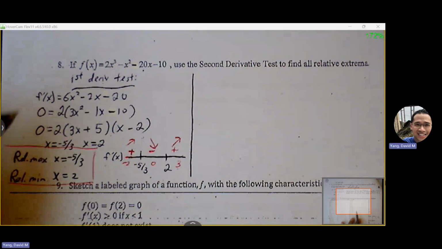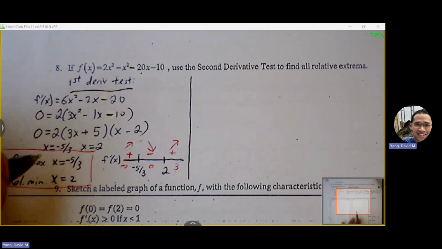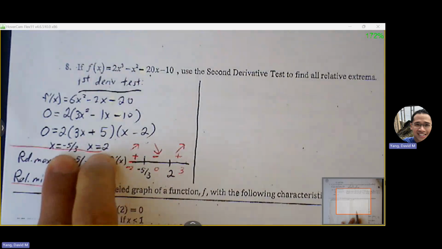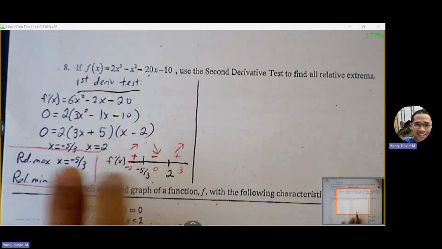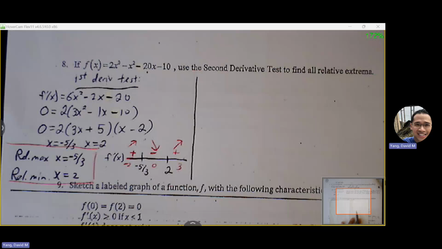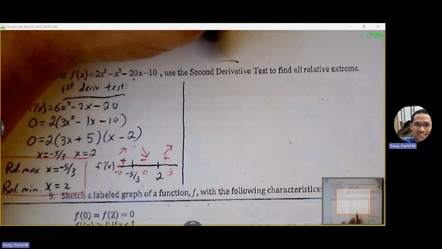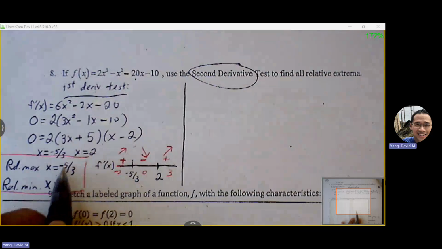Okay, so initially the steps will feel the same. You're still finding the same candidates, so we should still be involving -5/3 and 2, but rather than using sign lines, we're going to go through a different process. We're going to use the second derivative function to test these numbers.